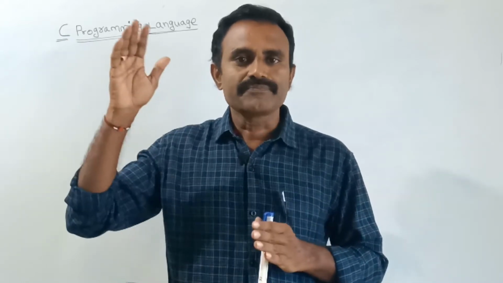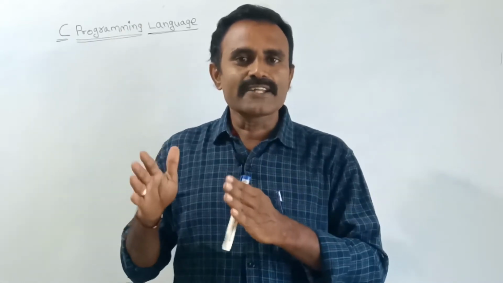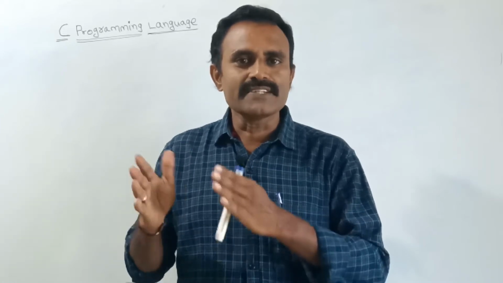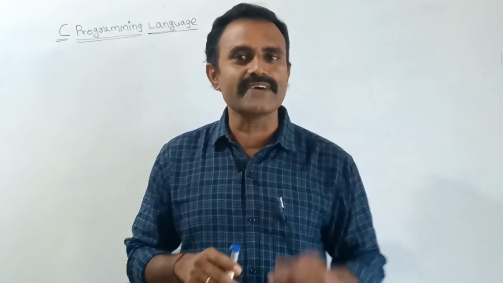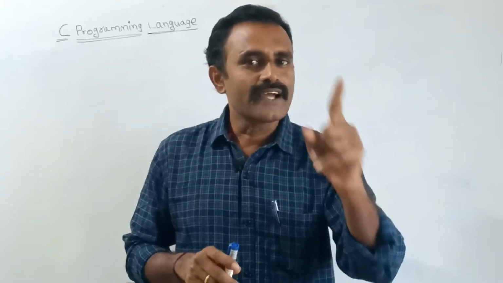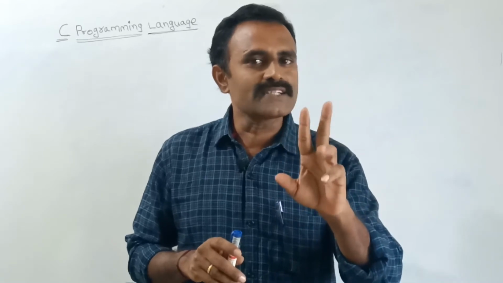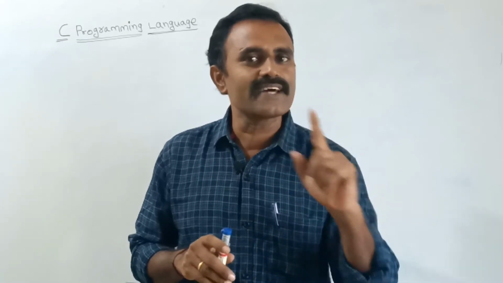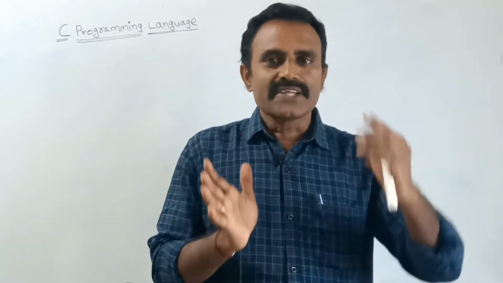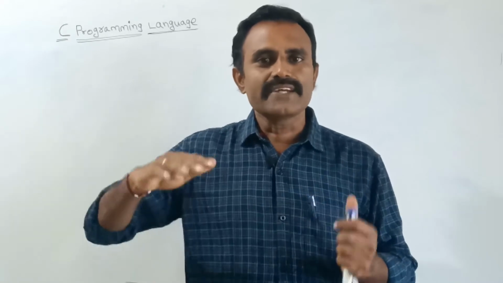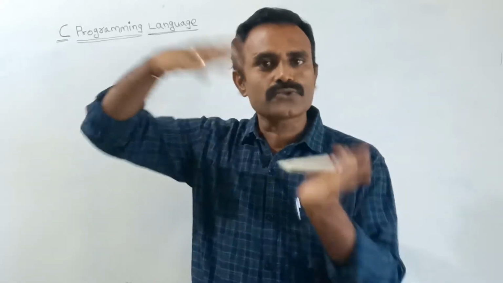So whatever program we have typed in C language should be converted to low level language, and translators are used for that. In C we use the compiler. If there are 10 lines, after completing the 10 lines we can translate them to machine code with the help of the compiler.